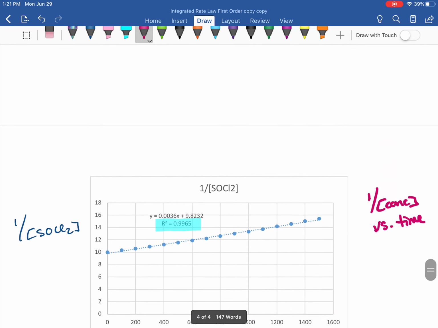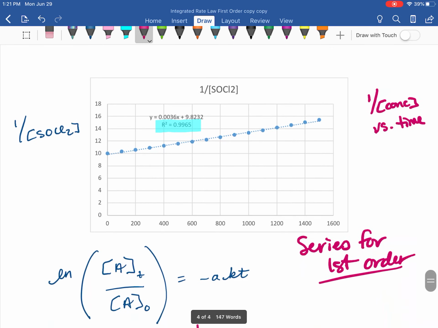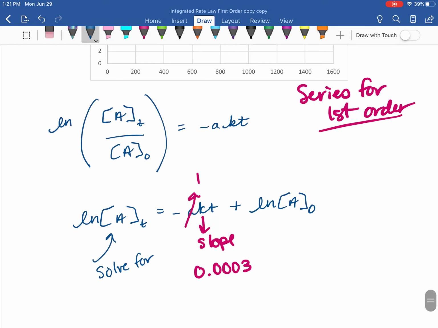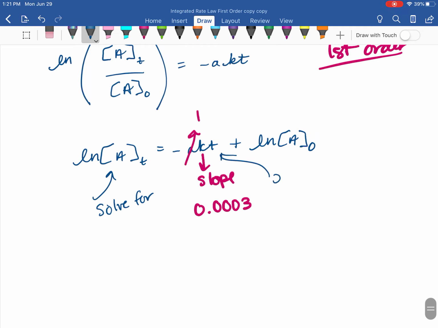Let's just double check that. That is on our, there it is. Okay, that is your K. And then our time that we're solving for, we are solving for 2,000 seconds. That was in the problem.